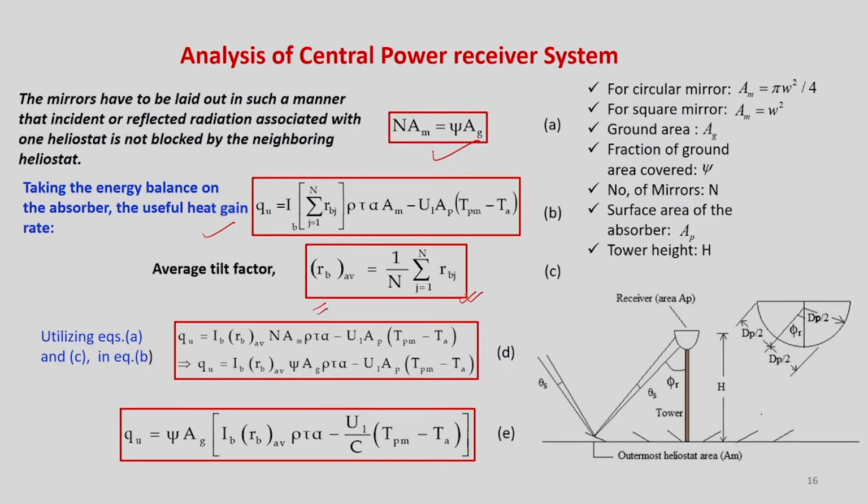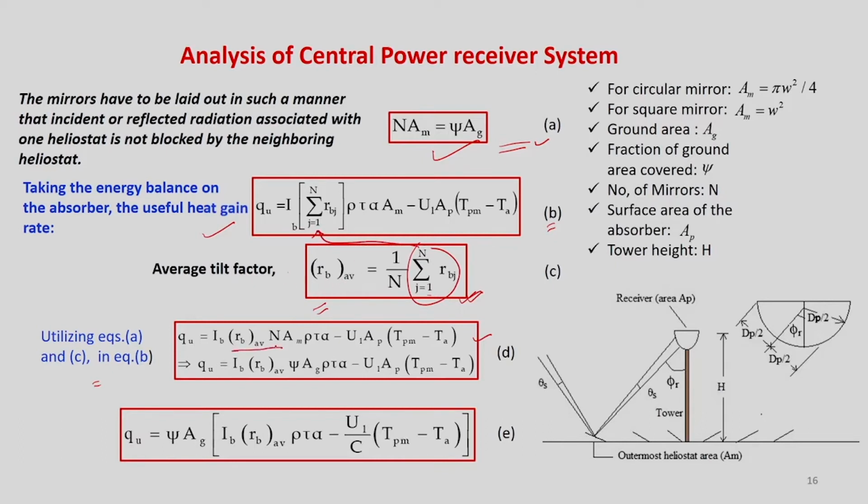So, if we use this r b j, defined by equation A, in equation B, then what we will get is something like this. Okay. What we are doing is introducing r b average. So, this expression is multiplied by n. If we multiply n on both sides, then we get n into r b average. Okay. So, this part which we have expressed in equation B, we can replace by this n into r b average, right.